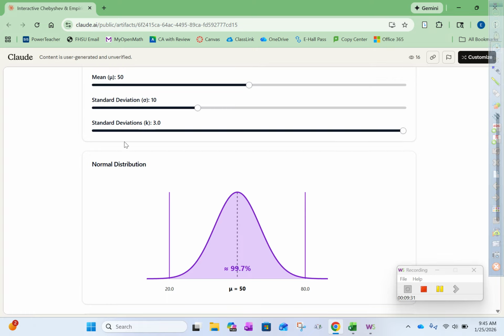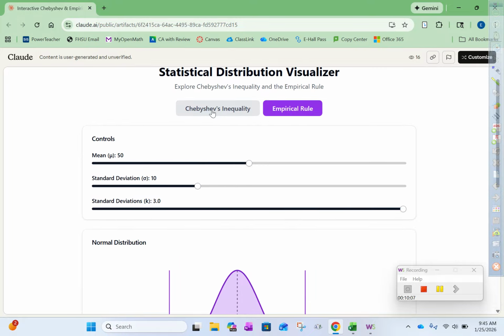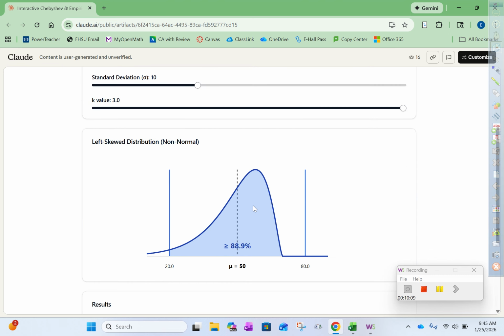Okay, so starting with what we ended with on the last one, here's the same mean and standard deviation, and we're going to go 3. So this number is 99.7. Okay, when we know the shape is symmetrical in a bell-shaped curve, we can be more accurate than Chebyshev's in terms of how much of the data will fall within that interval.